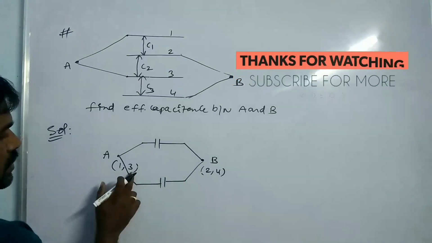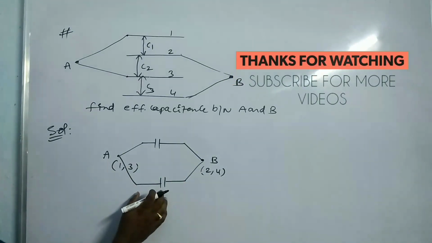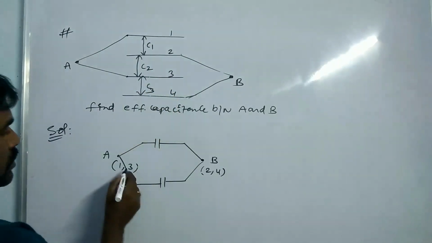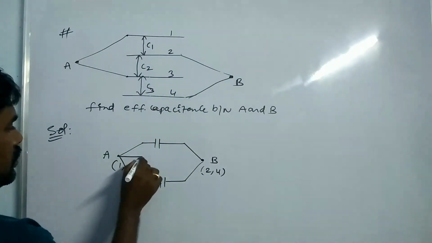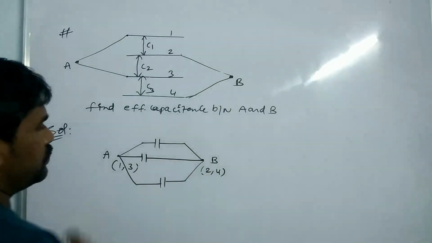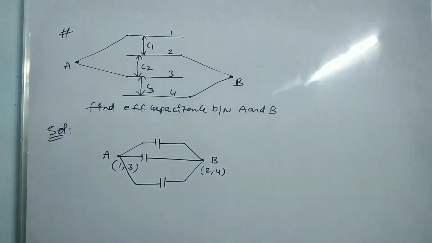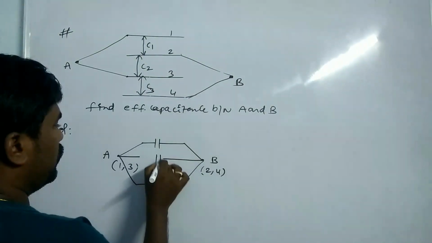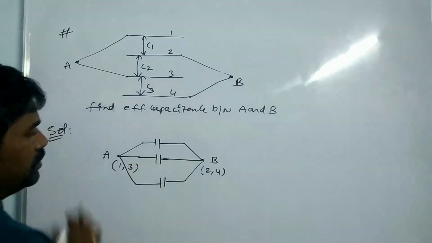And the third capacitor is between 3 and 4. This is 3 and this is 4. Clear? So now we are seeing this circuit.